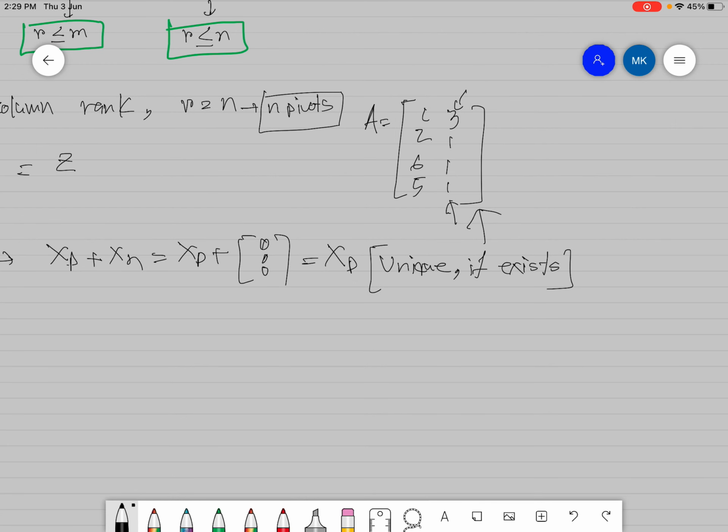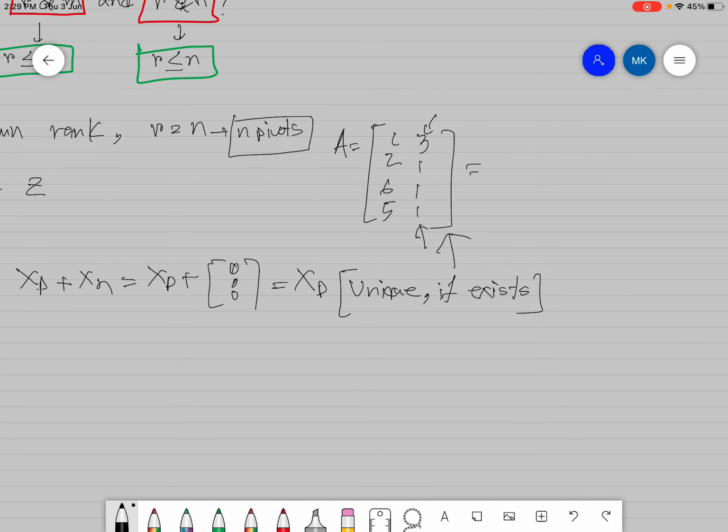Okay, so if you do elimination, you can get this sort of row reduced echelon form. You'll get this sort of entries in this matrix. So you can write this as I, because this part has a very similar structure to the identity matrix, and you'll have 0 at the bottom.